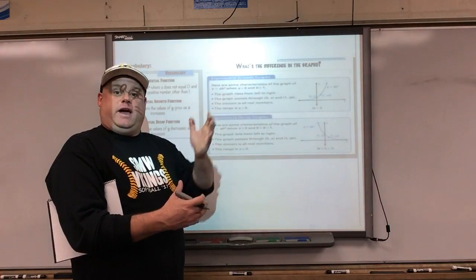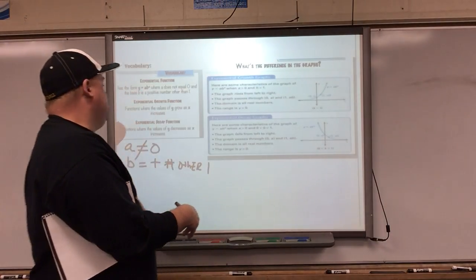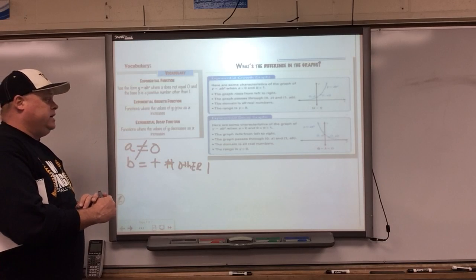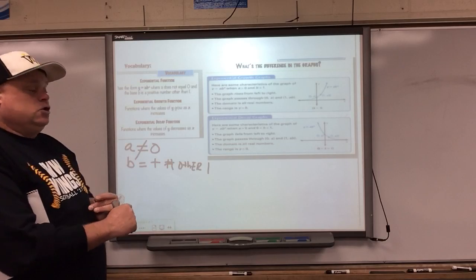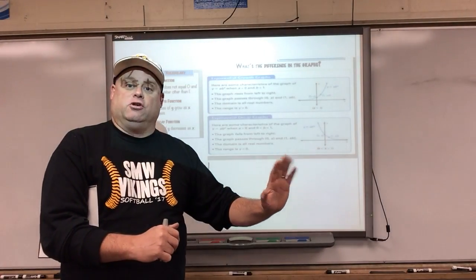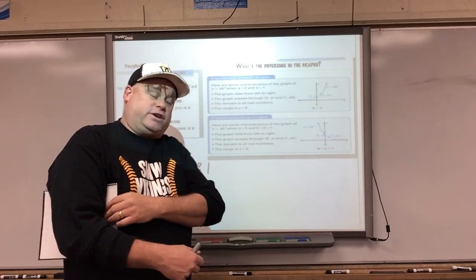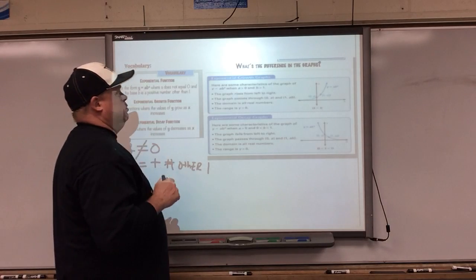That is growth. And for exponential decay, the values of y decrease as the x's increase, so my y's are going down. Let's take a look at the first one, exponential growth.